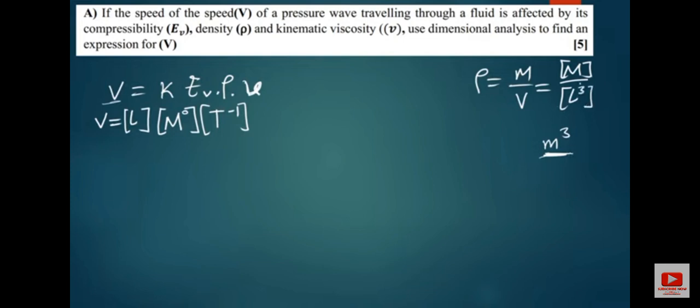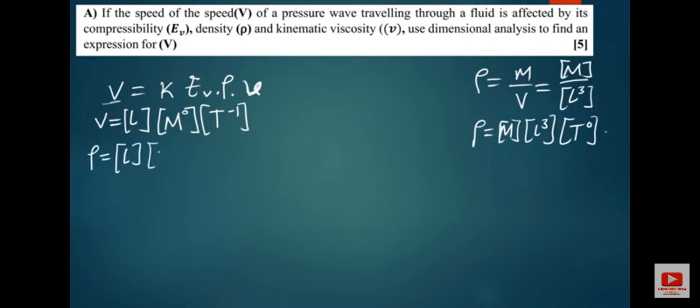So the density can be written as m to the power 1 and L to the power 3. But we don't have t here, so I can also just add t to the power 0. Let me arrange them the way I arranged the velocity: L to the power 3, m to the power 1, and t to the power 0.